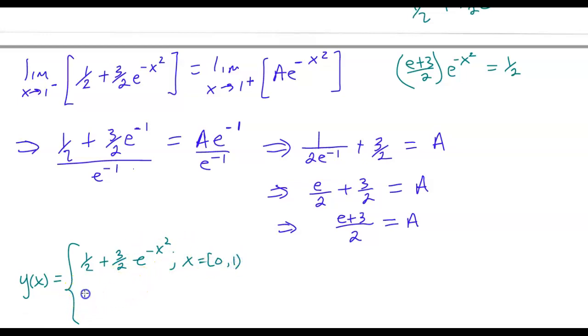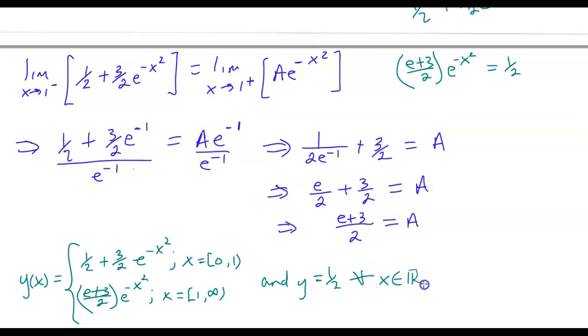Of course, the second piece would be e plus 3 divided by 2, and that would be e raised to the negative x squared, and that would be for values that are greater than 1. And on top of that, y would be equal to 1/2 for all, or for every, that's what this symbol means, for all values of x within the real numbers, okay?